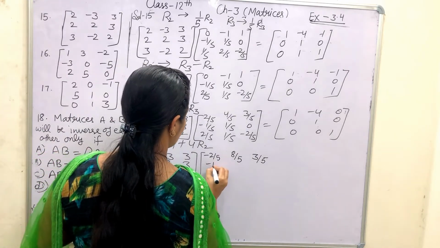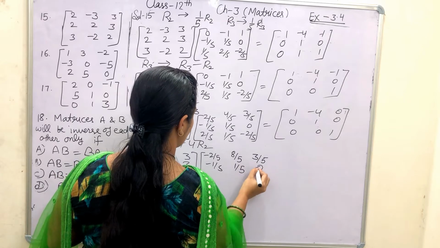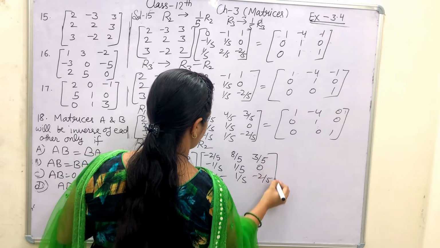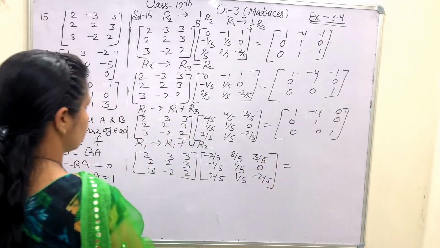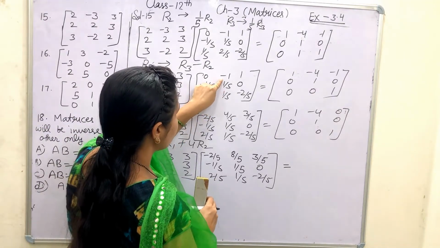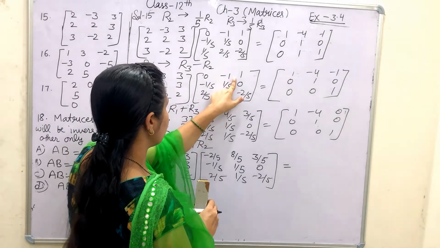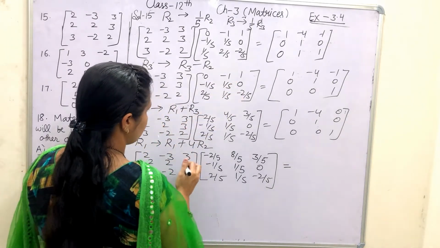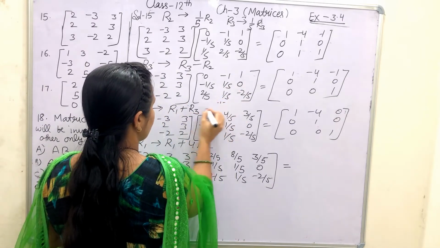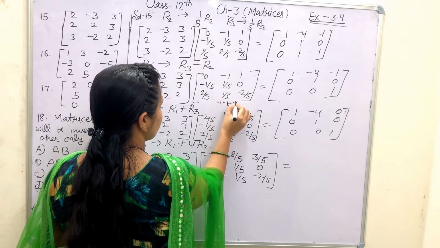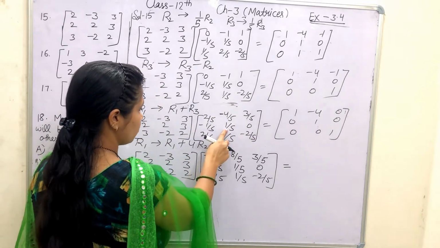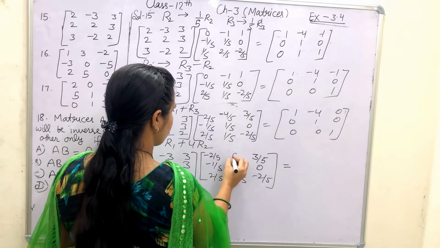We get here minus 1 by 5, 1 by 5, 0, 2 by 5, 1 by 5 and minus 2 by 5. Here we get minus 1 plus 1 by 5. So here is a small mistake we are making. Minus 1 plus 1 by 5, that is minus 4 by 5. Okay. Minus 4 by 5.